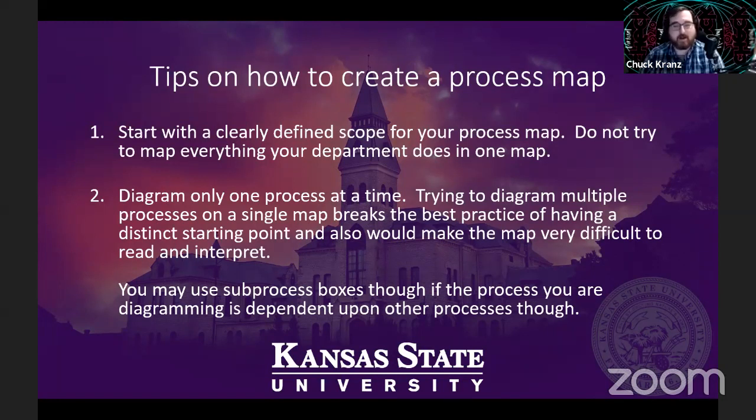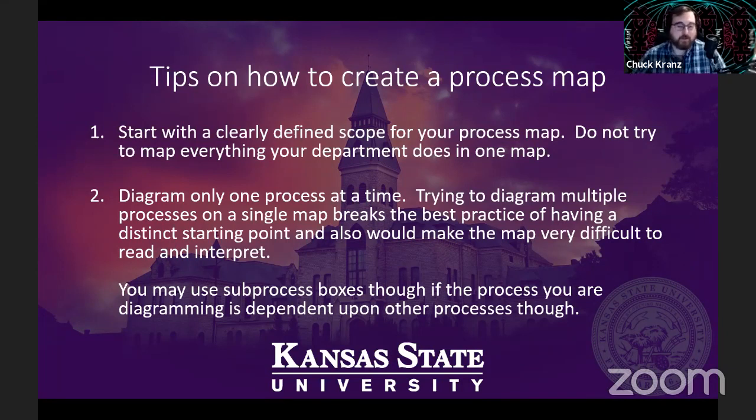Trying to diagram all of these different processes on a single map not only breaks best practice, but it makes a mess of spaghetti, with lines everywhere, making it very difficult to read, interpret, and gain any useful information from. But going through this, you will have times where the process you're working on needs to reference another process.